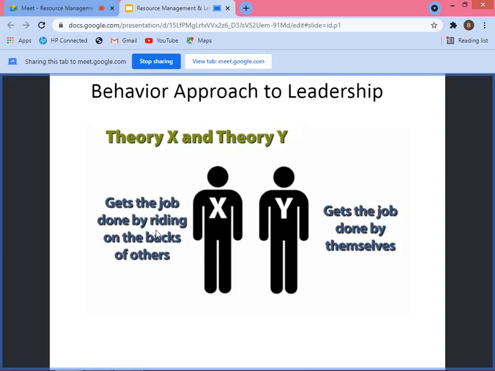He gets the job done by riding on the backs of others. He relies on the Y employees to help him out with his job. He does not have the experience, the knowledge, the skill, the competencies, or the attitude to do the job. So he has to rely on his manager and co-employees, more reliance from his co-employees.